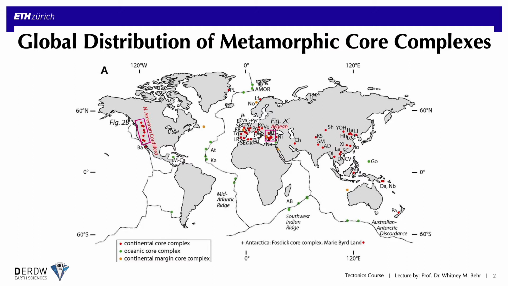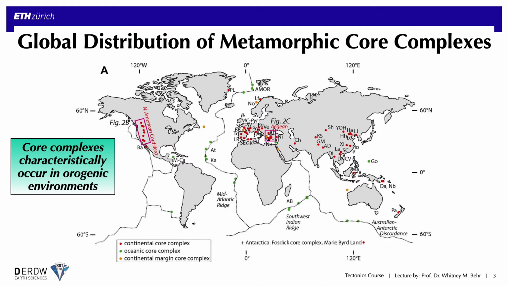And right away, you may notice, especially if you ignore the oceanic core complexes, which are sort of a separate phenomenon, that the red dots are all decorating ancient or in some cases active orogenic belts. The North American Cordillera, as we discussed, the Mediterranean region, including the Aegean, parts of southern Iberia, and some places in the Alps.